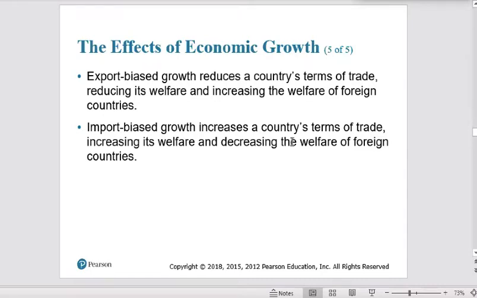If there's an expansion in the export segment, it's bad for the country because whatever you are selling becomes cheaper, and you make less money for each item you are selling. And when there's expansion in the import segment, you will be happier because the goods that you are importing will become cheaper, and then your money will buy you more of this stuff.